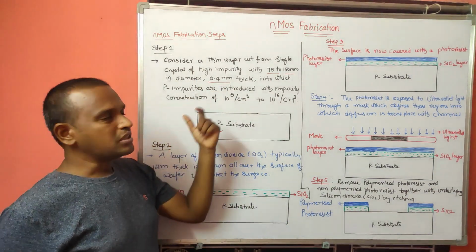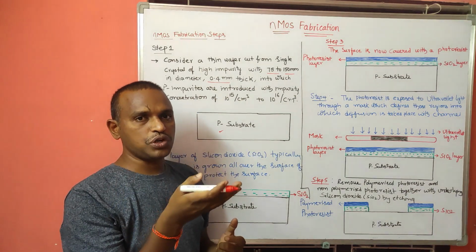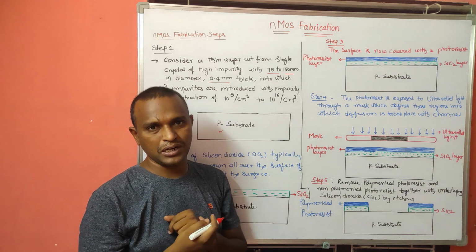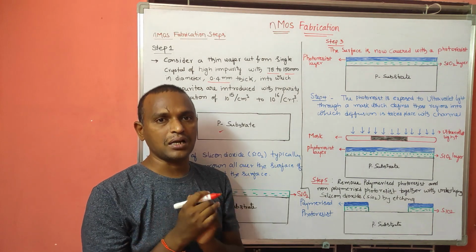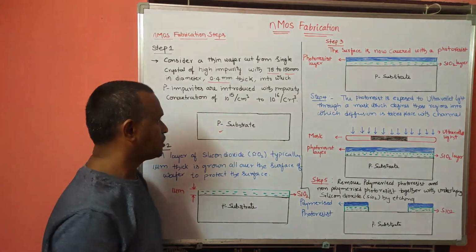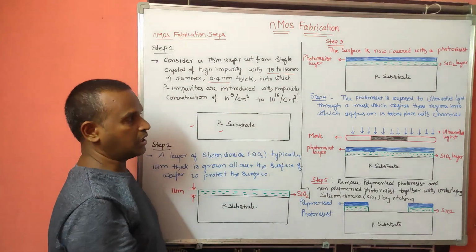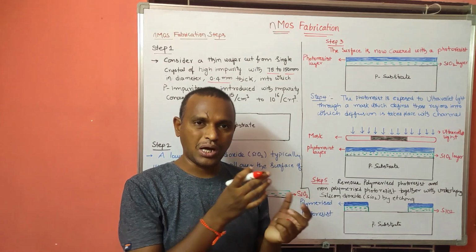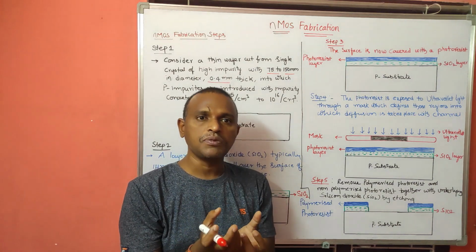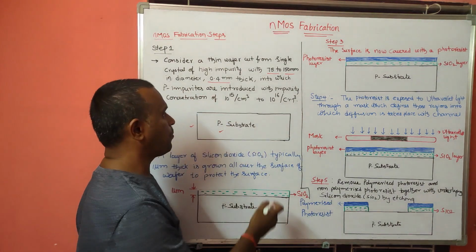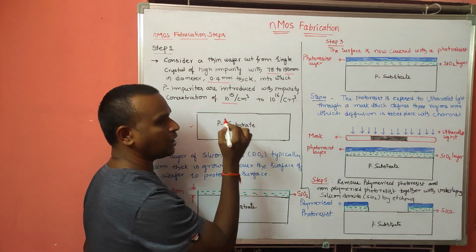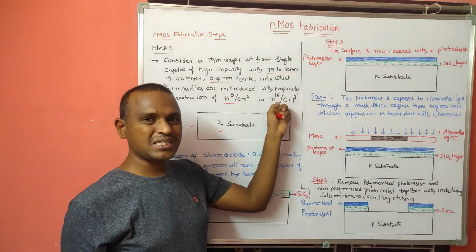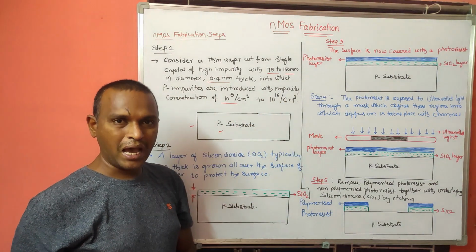This is the wafer we consider, into which we have to send p-type impurities: boron, aluminum and gallium, that is, trivalent atoms, so that there will be a formation of p substrate. The doping concentration we have to use to convert the pure silicon into the p substrate is 10 power 15 atoms per centimeter cube to 10 power 16 atoms per centimeter cube.